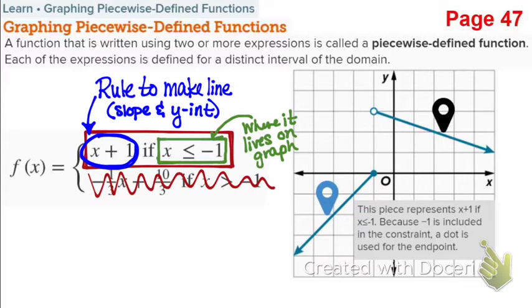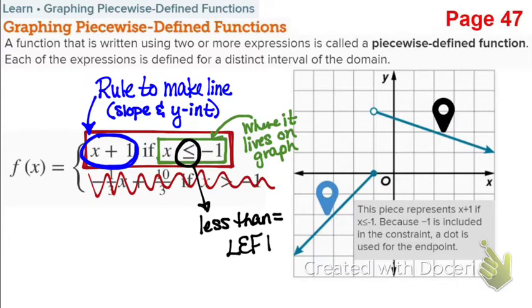Is that inequality a less than or a greater than? Less than. If it is less than, do you think I'd be looking to the left or to the right? To the left. Less than means left. All right, so right here, less than, left.